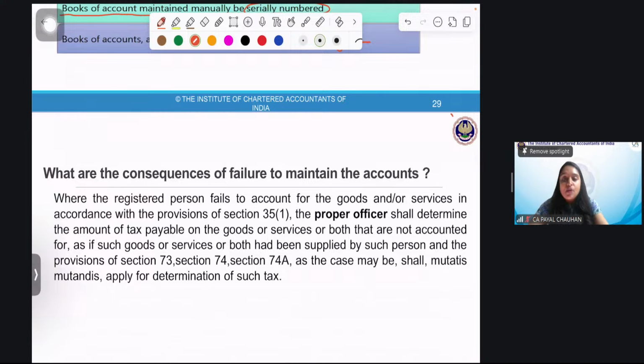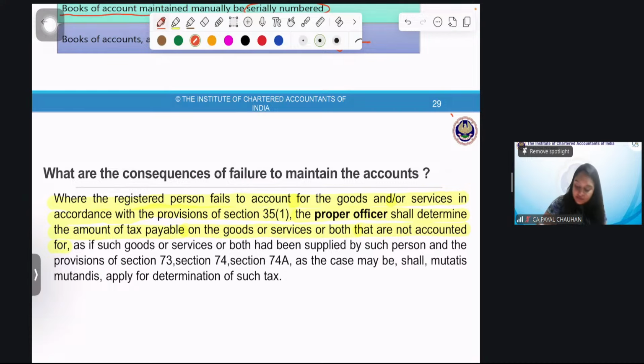Now, what are the consequences of failure to maintain the books of account? If I do not maintain books of account, what are the consequences which I will be facing? Where the registered person fails to account for goods and or services in accordance with the provisions of section 35(1), the proper officer shall determine the amount of tax payable on goods or services or both that are not accounted for.